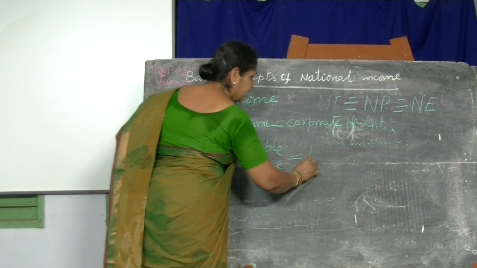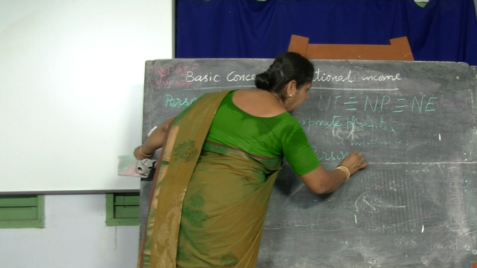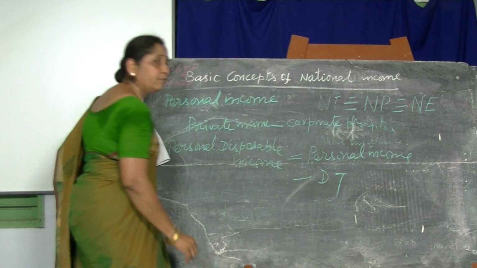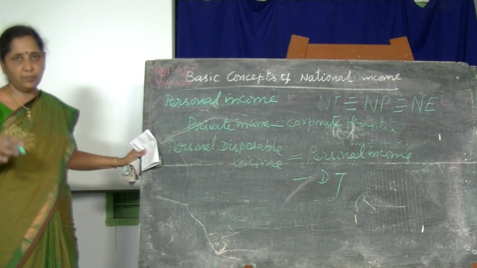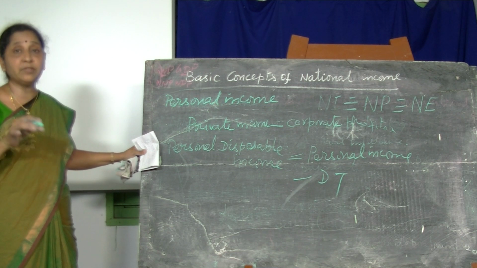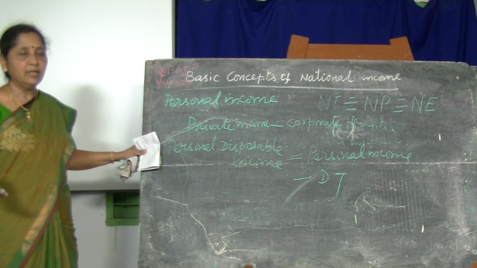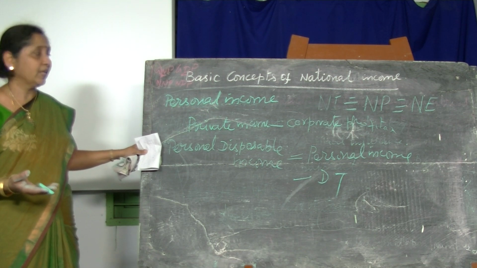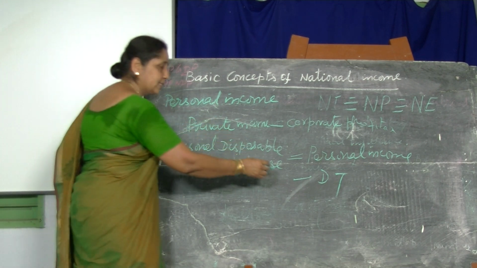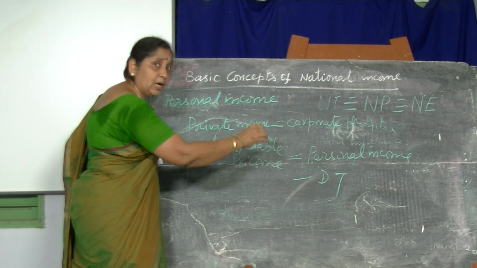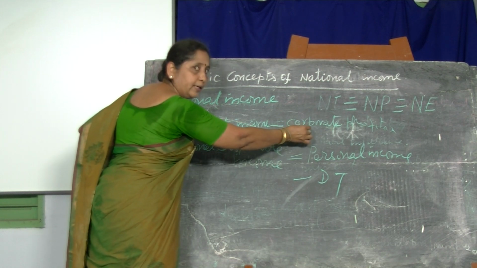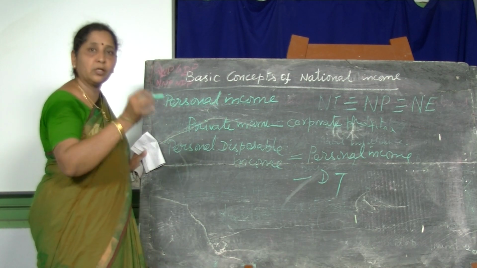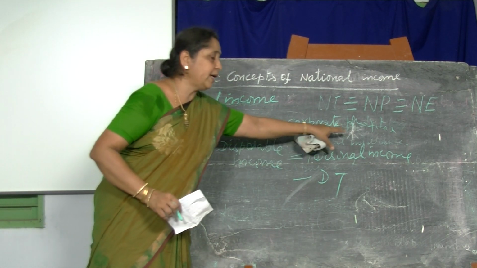Here we have calculated personal income, isn't it? From personal income, we are subtracting direct taxes. What is direct tax? The tax which is imposed on the income of a person, or on the wealth of a person, is called direct tax. The tax imposed on the corporate sector's income is called corporate profit tax.